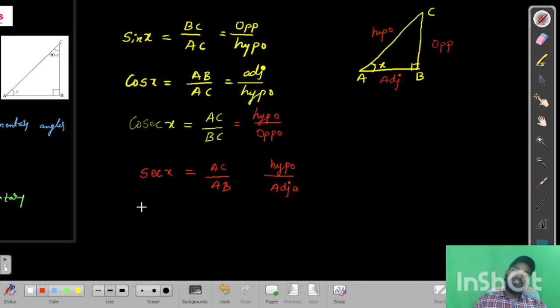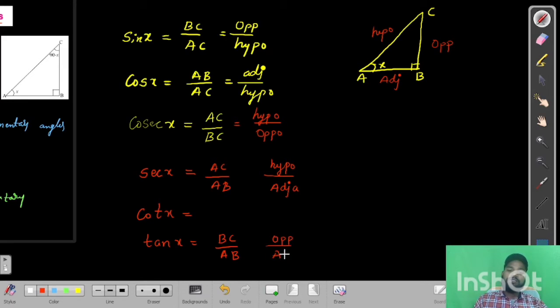Next, cot x. Before cot x, we will write tan x easily, right? What is tan x formula? Tan x formula is nothing but sin x by cos x, which is nothing but opposite by adjacent. What is opposite here? Opposite is BC. What is adjacent here? AB.